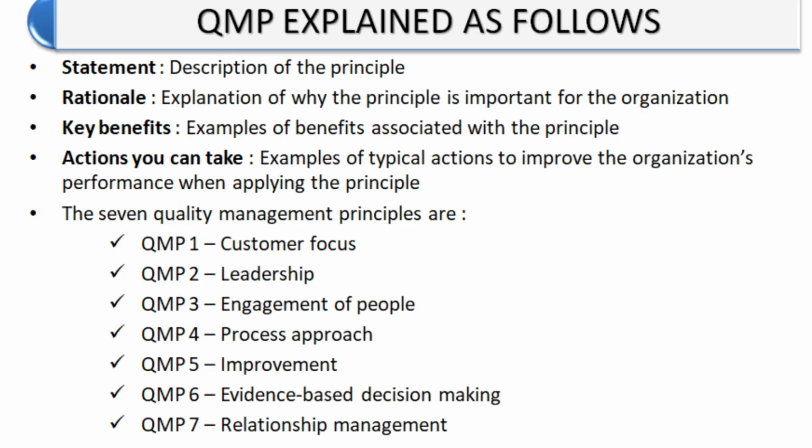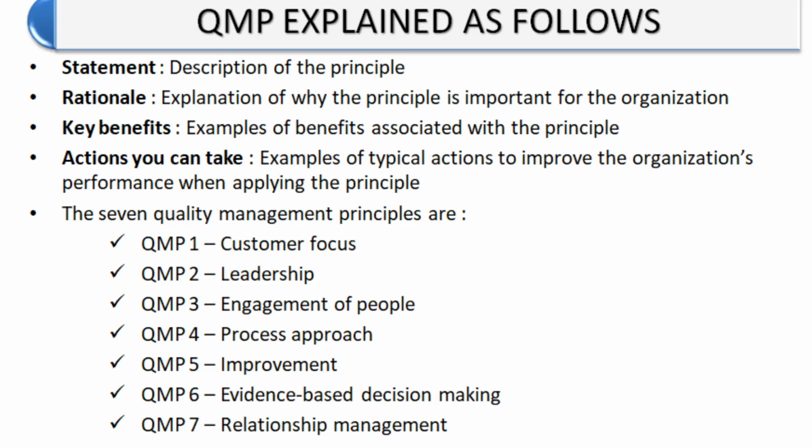These 7 quality management principles are given by ISO 9001:2015, that is the latest edition of this ISO. There are 7 different principles given by this ISO.